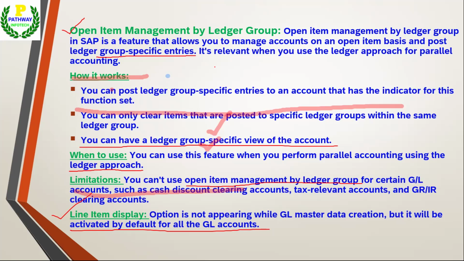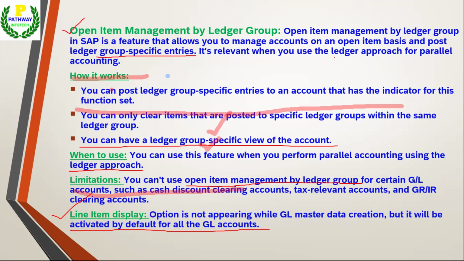We are very well aware of ledgers, like the leading ledger and non-leading ledgers, multiple of which might be associated to your company code. But now one ledger group consists of multiple ledgers. That is the reason I have highlighted that it is ledger group specific, not ledger. It is relevant when you use the ledger approach for parallel accounting.